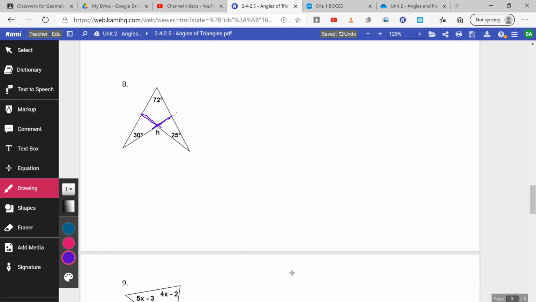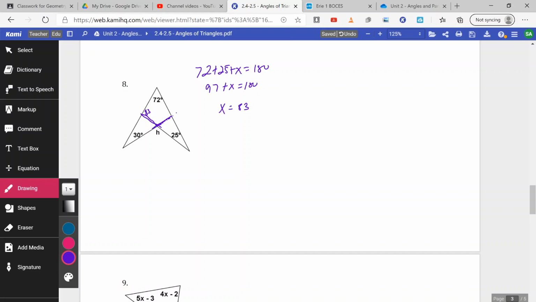So if this is 25, that's 72. We know a triangle adds up to 180. So 72 plus 25 plus x is 180. We get 97 plus x equals 180. And we'll subtract 97. So x is going to be 83. So this angle over here is 83 degrees.